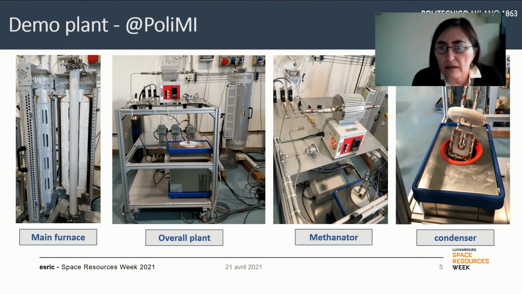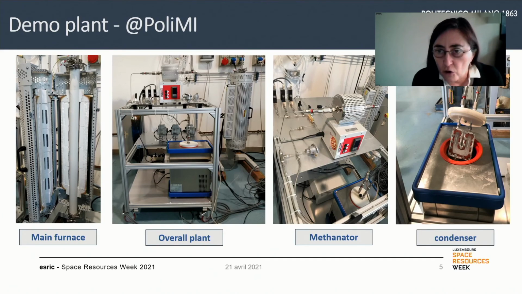Then you see the main carousel that contains, in the upper part, the methanator, the small reactors, and in the bottom part the condenser. It's a fridge that goes to -50 to condense the water, and of course the flow meters and all the control and measurement points that go to the gas chromatographs.